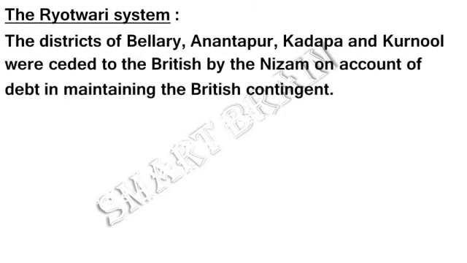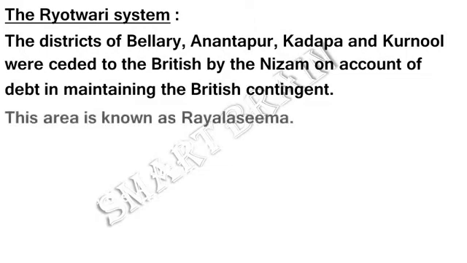The Raitwari system. The districts of Bellary, Anantapur, Kadapa, and Kurnool were ceded to the British by the Nizam on account of debt in maintaining the British contingent. This area is known as Rayalaseema.